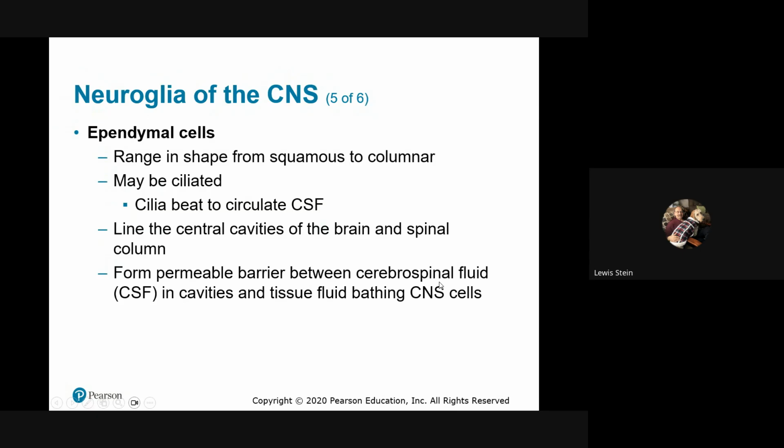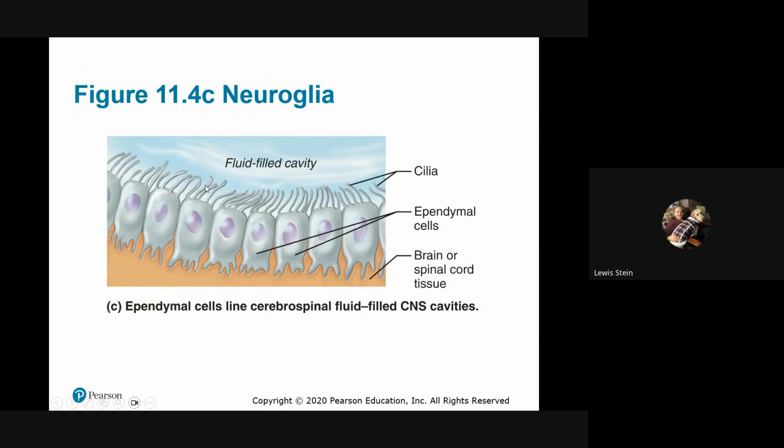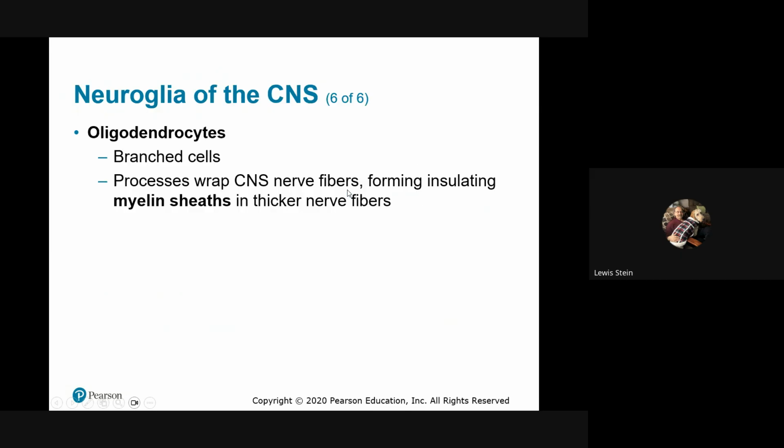So between cerebrospinal fluid in those cavities and bathing the central nervous system cells. So they cover these areas, if you go back and look. And the cilia are there, and basically they create almost a circulatory environment over them.